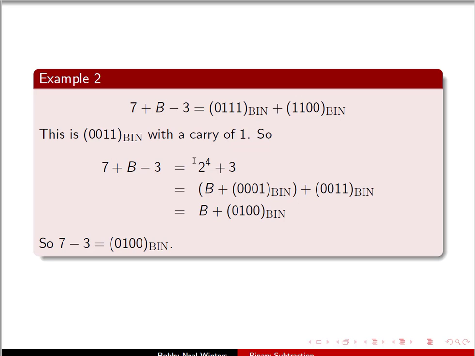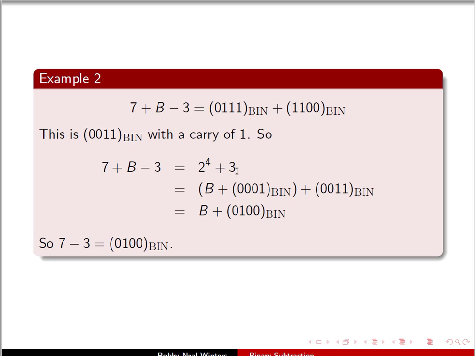But let's not lose heart. That carry of 1 takes us out to the next bit. It'll be a 1 in the 5th bit, which is 2 to the 4th power, plus this in binary, which is 3.